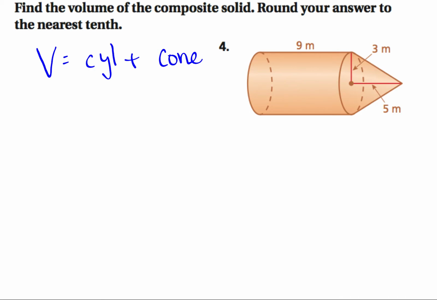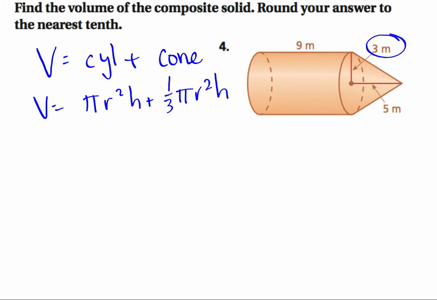But as we look at this, this would be pi r squared h plus 1/3 pi r squared h. Now let's look at whether the r's are the same or different. As far as the radius, it looks like the radius of the cone and the radius of the cylinder are both 3. The heights, however, are different.